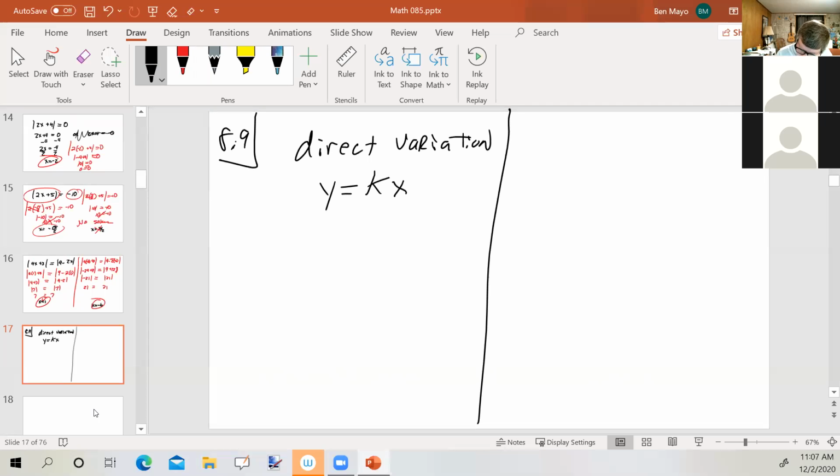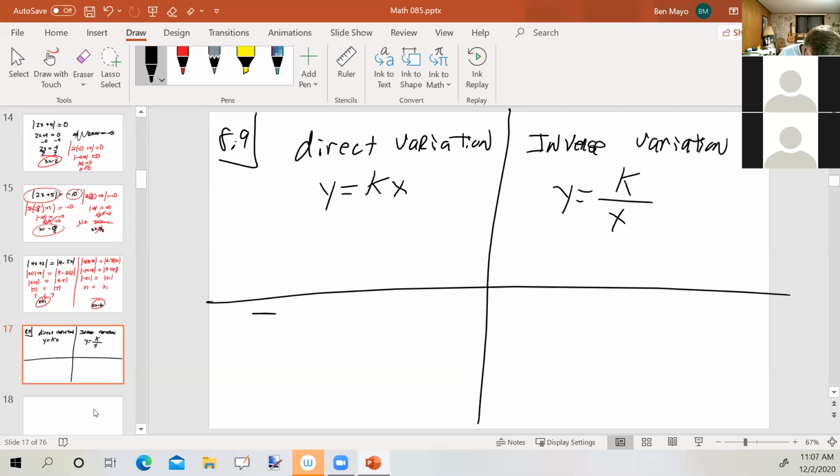Then we have inverse variation, which is y equals k over x. And finally, joint variation, y equals kxw, or something like that.